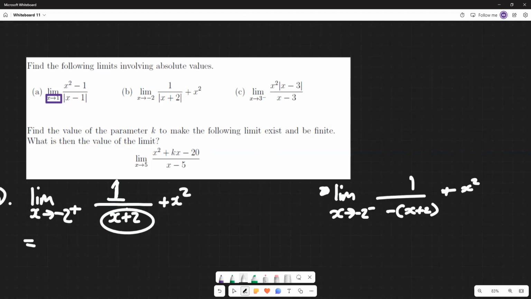It keeps on approaching 0. So basically, when I have infinity plus 4, which is just infinity, right? So the right hand limit is infinity, right?